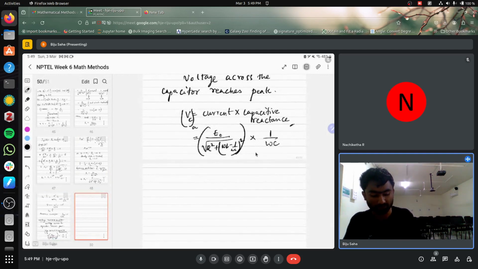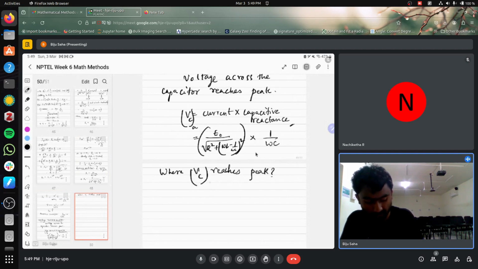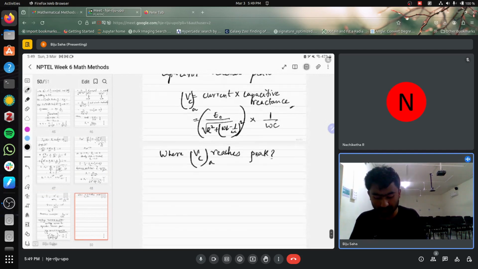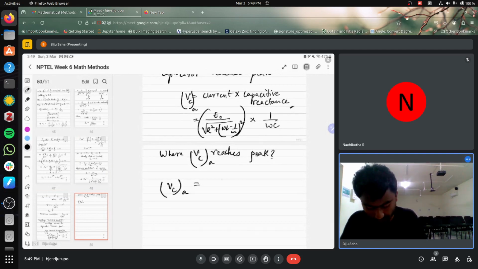So we have to find where this V_C, the amplitude, reaches a peak. Obviously the denominator has to be minimum again. So we can bring everything inside and write this with omega square C square R square.